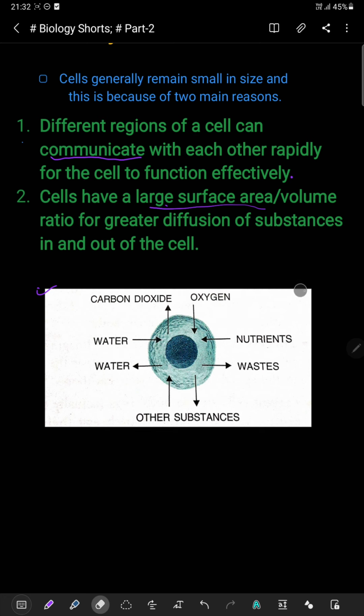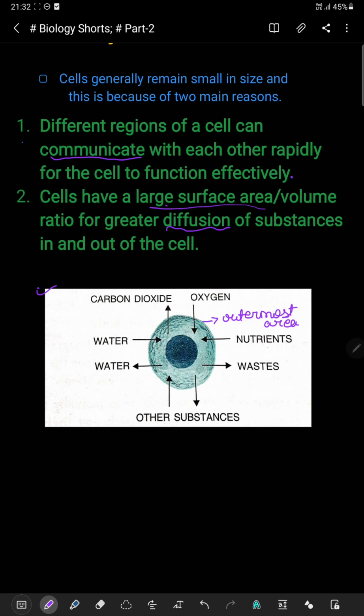Here you see this one, this is the outermost area. So the cells have a large outermost area to volume ratio for greater diffusion of substances in and out of the cell. Now you know that cells perform the process of diffusion, which is the movement of substances from a region of higher concentration to a region of lower concentration. It means the movement of molecules.